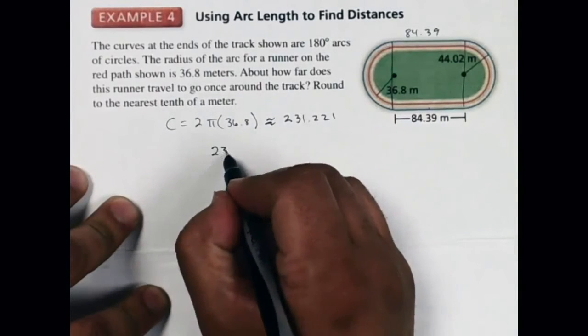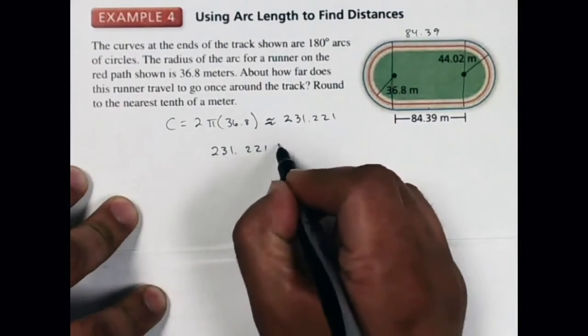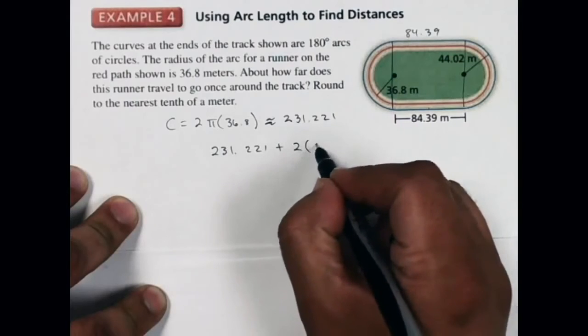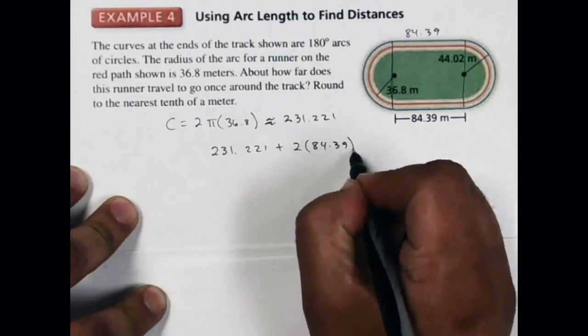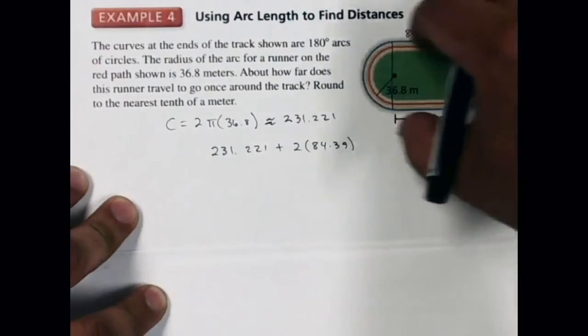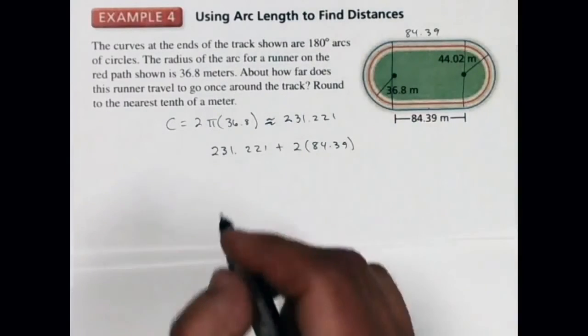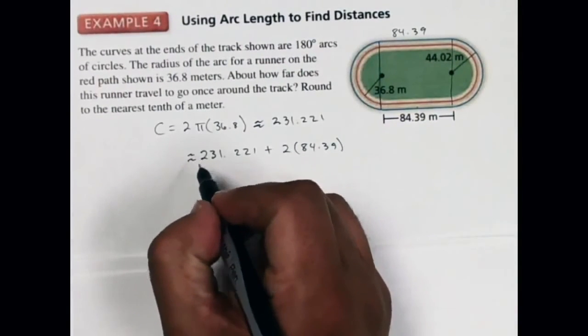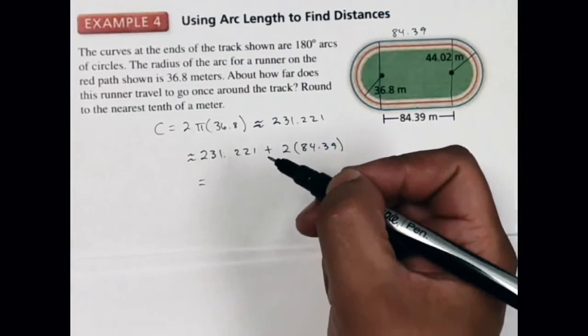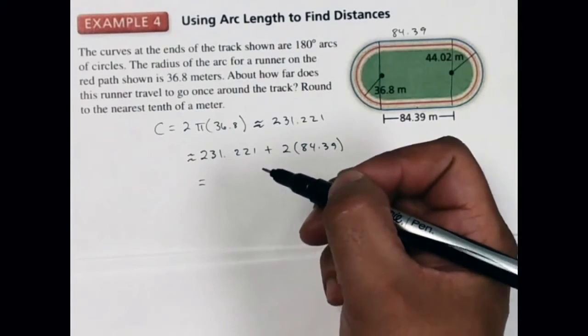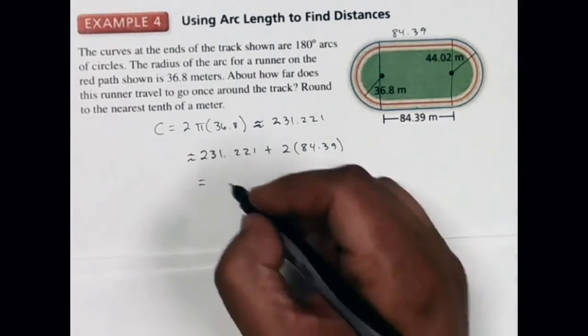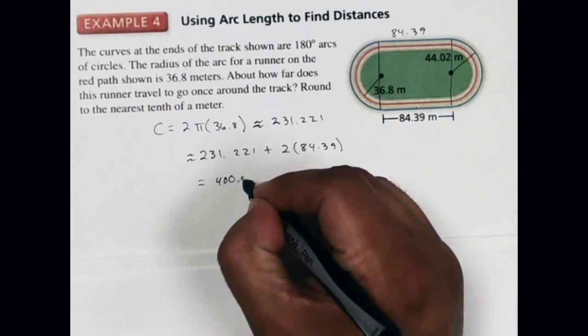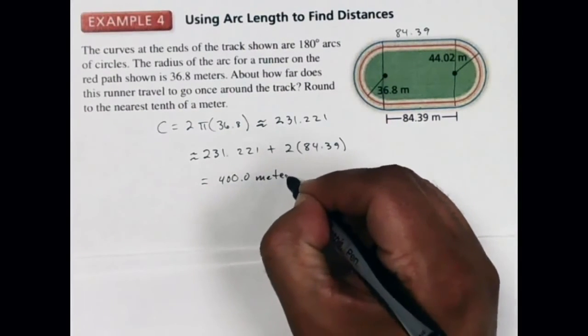So this is going to be 231.221 plus 2 times 84.39, since again I have both of these two straightaways. So using that, that is going to be about 400 meters.